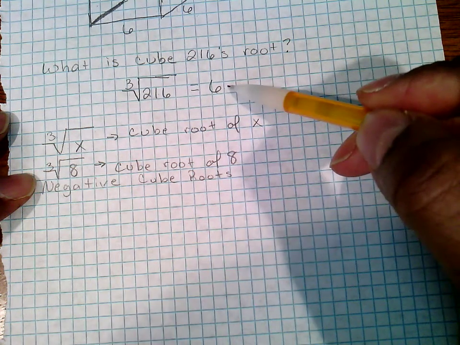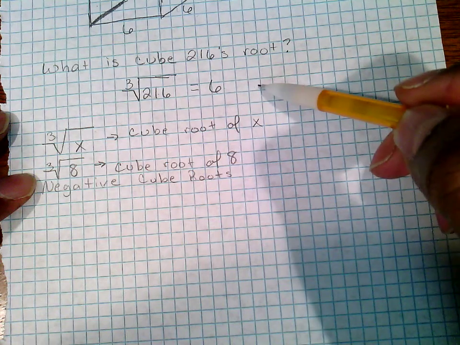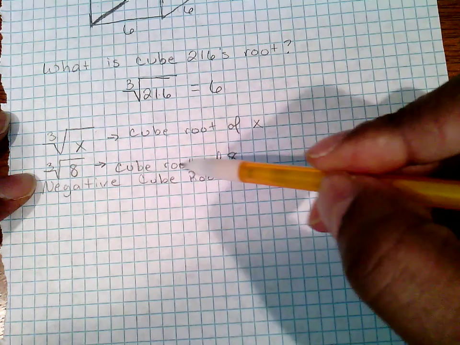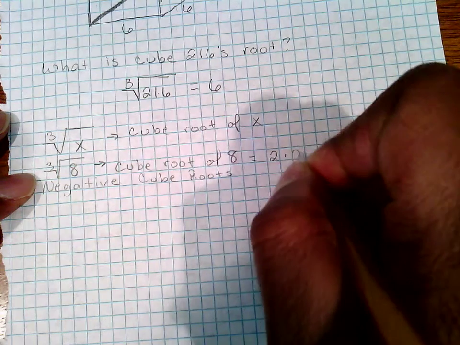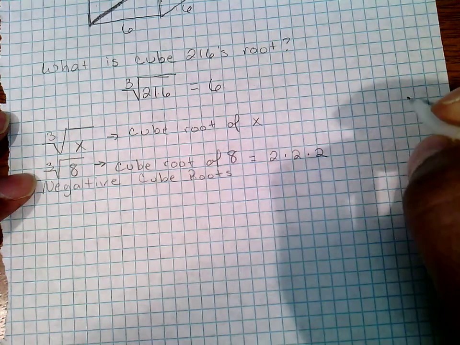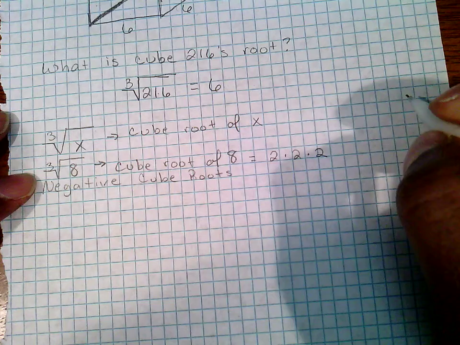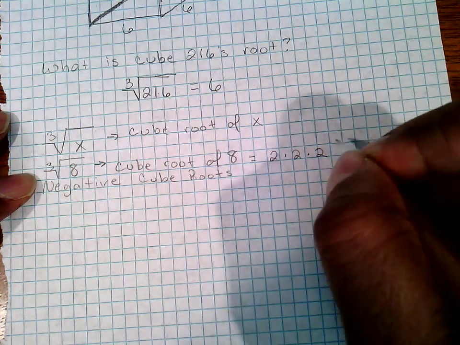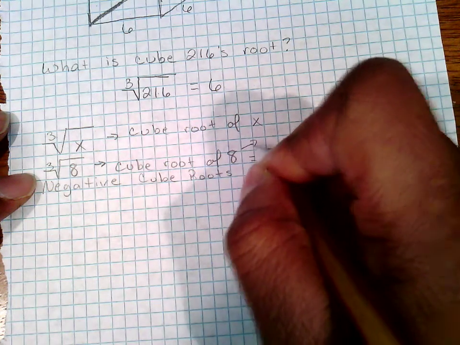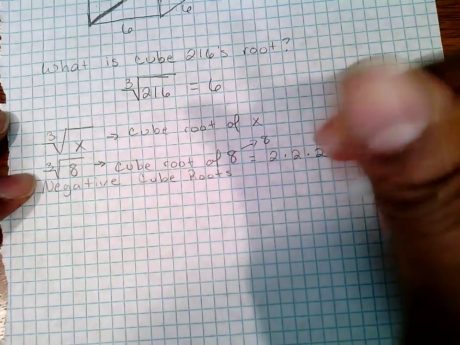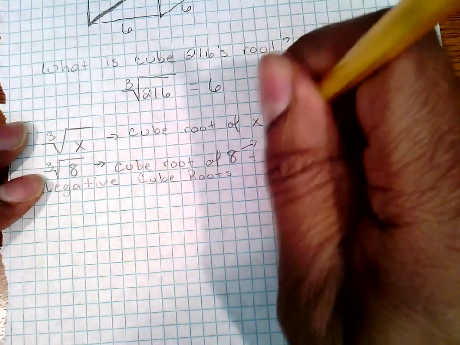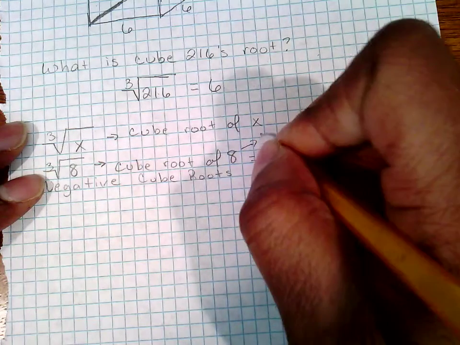For 216, we could do 6 times 6 times 6. Find the cube root of 8. That would be 2 times 2 times 2. So the cube root of 8 would be 2.